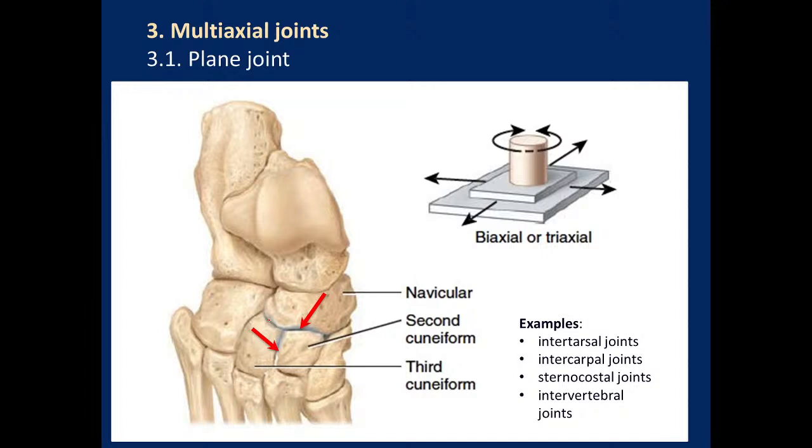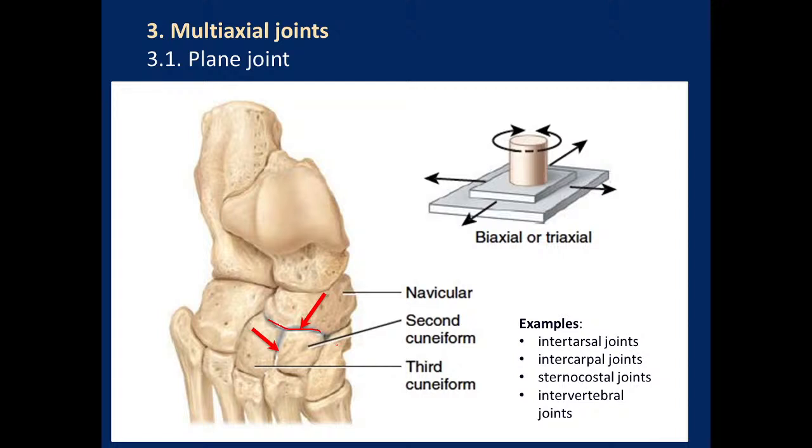Here you see a joint between two tarsal bones, and it is called an intertarsal joint. Sometimes we find a plane joint between ribs and sternum.